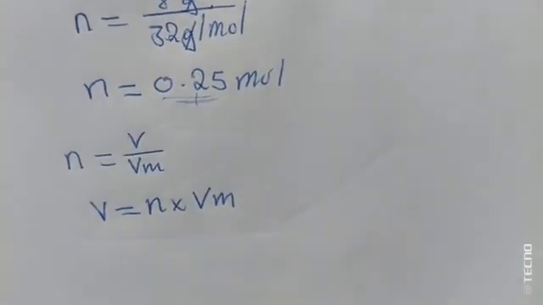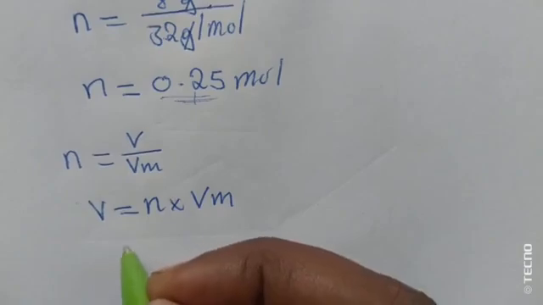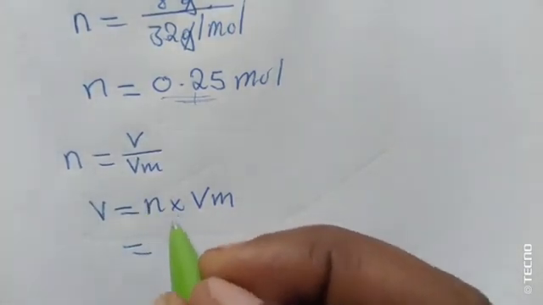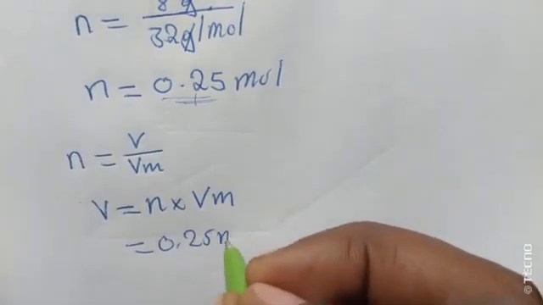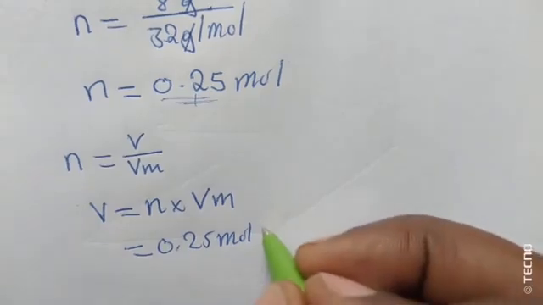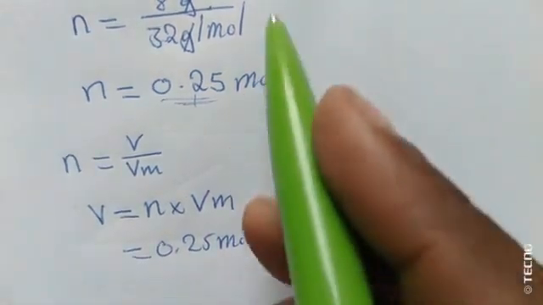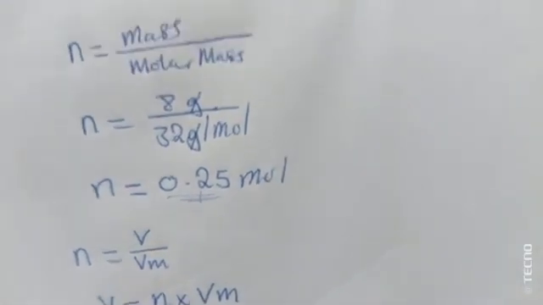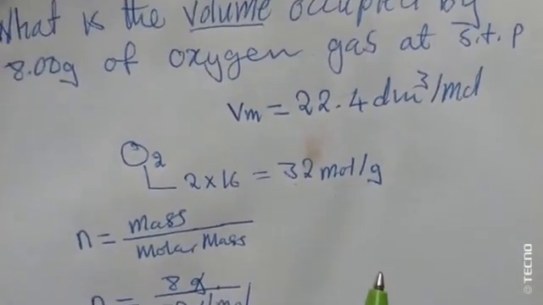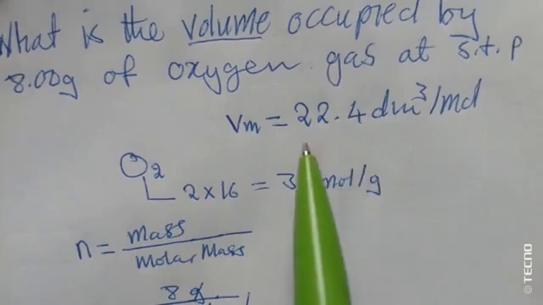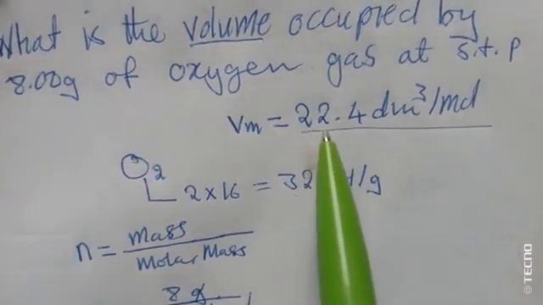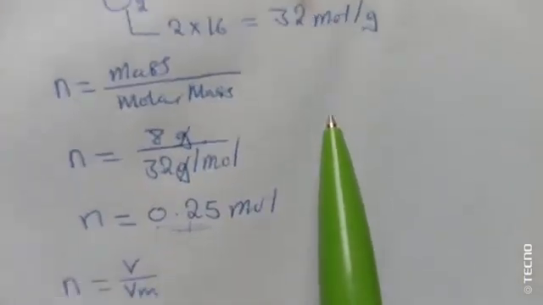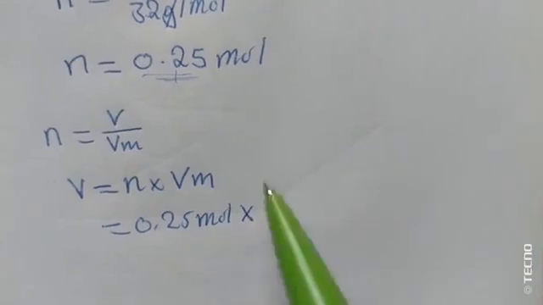Where there is n, you replace by 0.25 mole, times, remember it is at STP. At STP, we say that it is standard temperature and pressure, so you get this as your value of the molar volume.